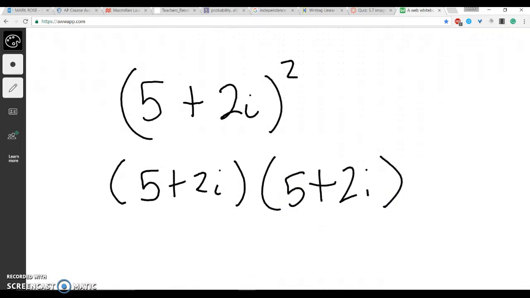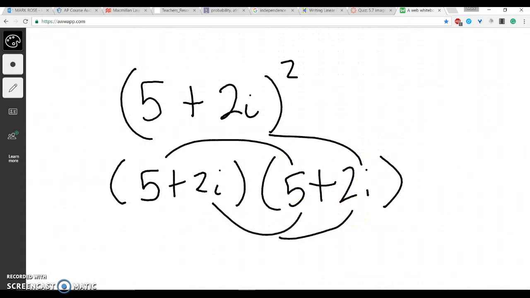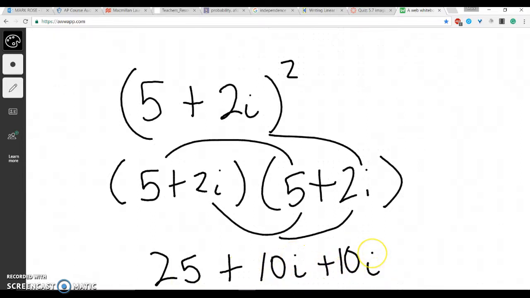And then I'm just going to go through and FOIL, or double distribute, whatever you want to call it. 5 times 5 gives you 25. 5 times 2i will give me 10i. That will give me 10i, and this will give me 4i squared. Okay, so again, it works just like x's.